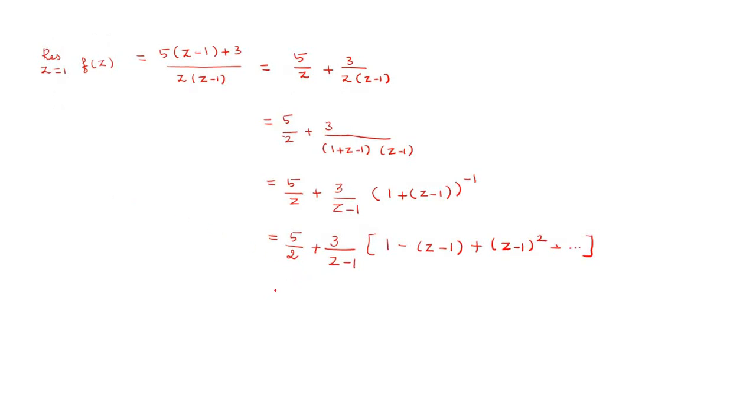So we can get the residue at the point z equal to 1 of f of z, which is the coefficient of 1 divided by (z minus 1), equal to 3. When we multiply inside, we get only the coefficient of 1 by (z minus 1) as 3, and we take this one as B2.